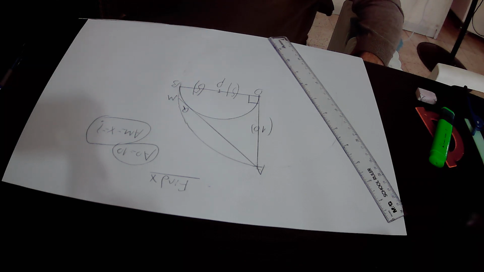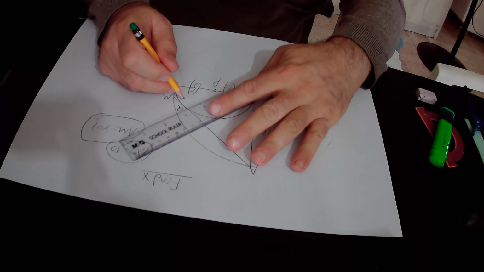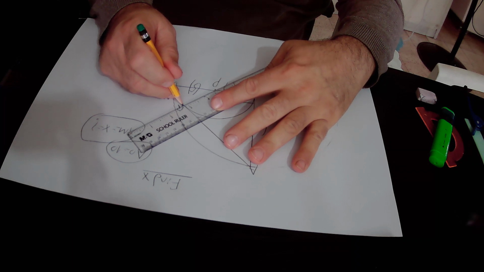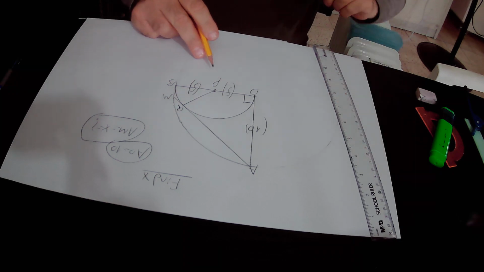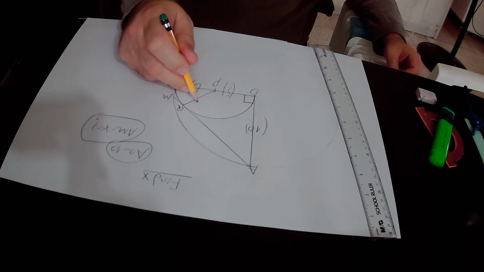In the next step, we will join points P and Q together by a straight line. Point P is the center of the semicircle, point Q is a point on the semicircle itself, therefore PQ is the radius of this semicircle, therefore it is equal to 5 units.